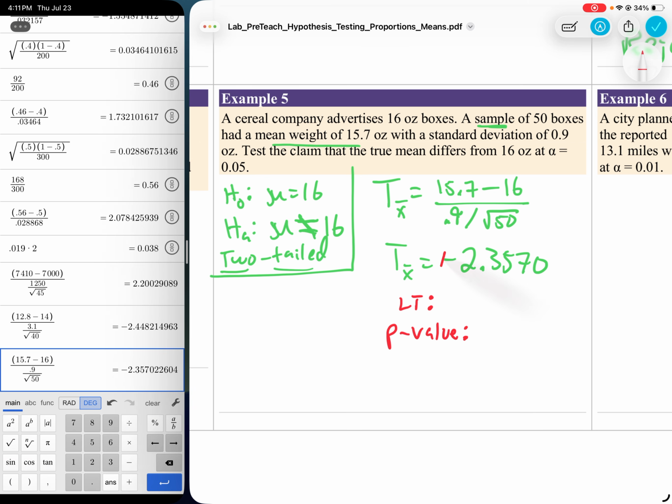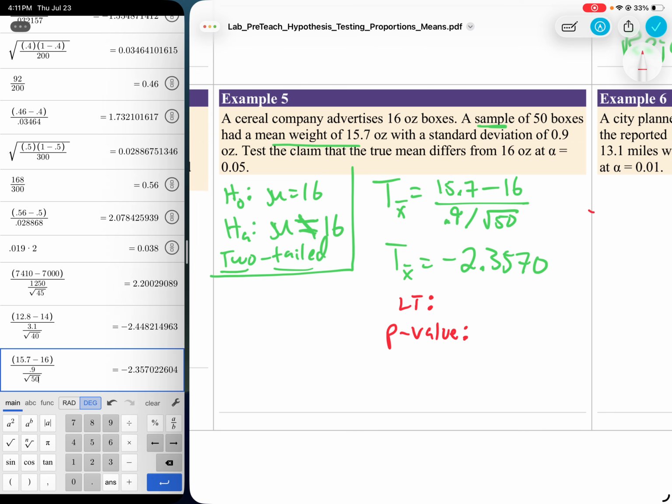If that had ended up being a positive t-score, I would have grabbed the right tail instead and doubled that. So if it's a positive test statistic, we get the right tail times 2 to get our p-value. If it's a negative test statistic like we have here, we're going to go grab the left tail and multiply that by 2.